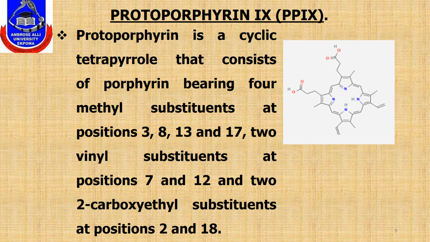Protoporphyrin 9 is a cyclic tetrapyrrole that consists of porphyrin bearing four methyl substituents at positions 3, 8, 13, and 17, two vinyl substituents at positions 7 and 12, and two carboxyethyl substituents at positions 2 and 18. Now, this is how the structure looks in this figure here.